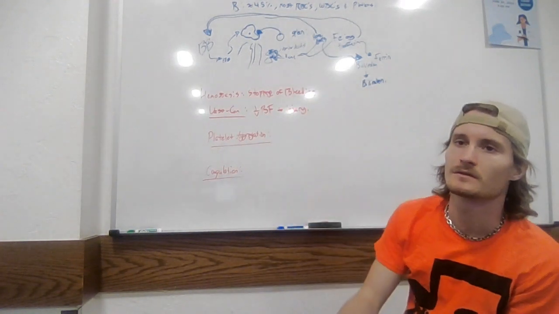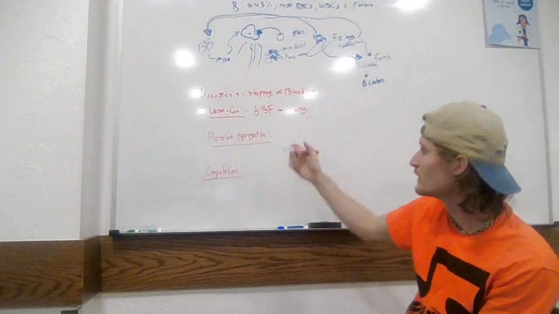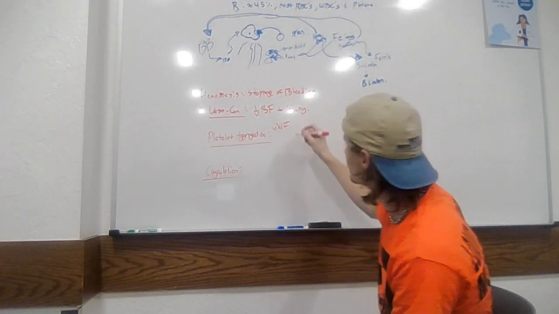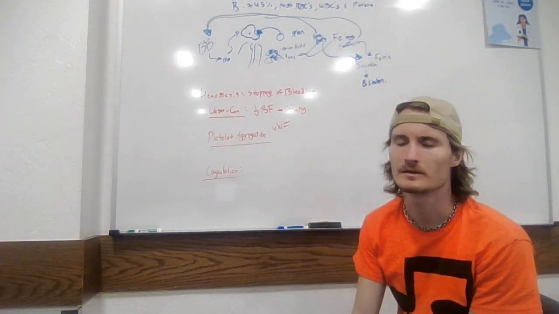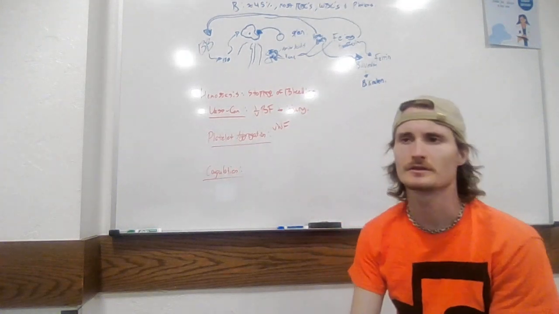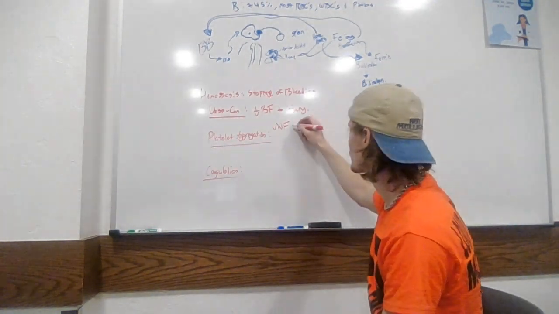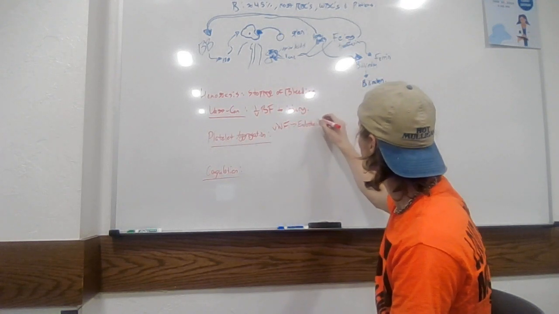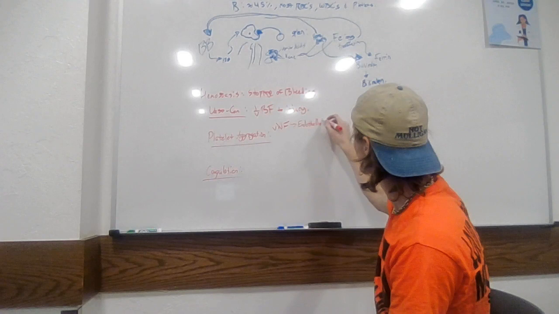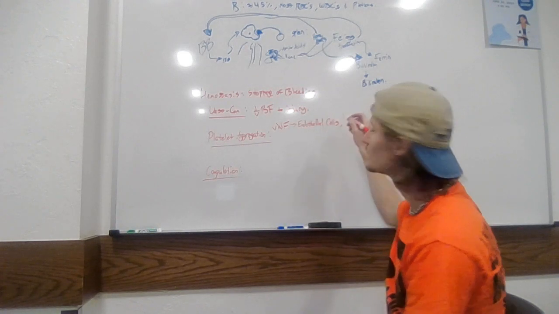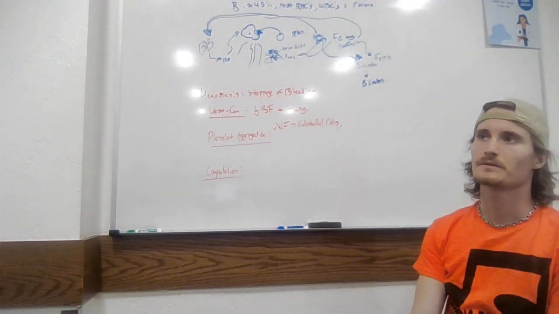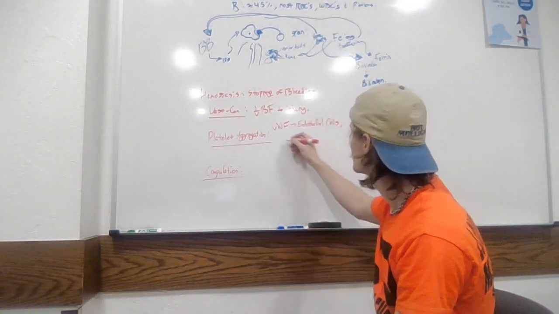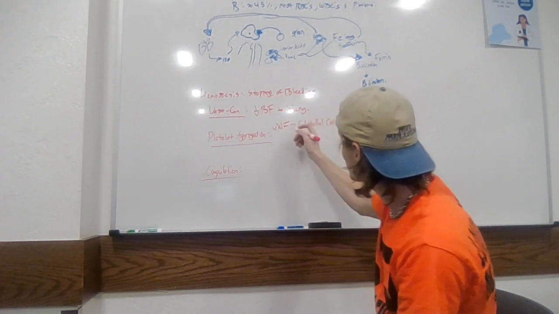Platelet aggregation is a bit longer, but the VWF, the Von Willebrand factor, is going to be released by endothelial cells. They're going to then attach platelets to collagen.